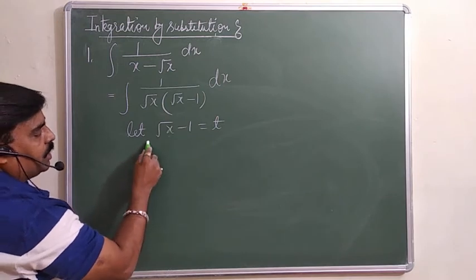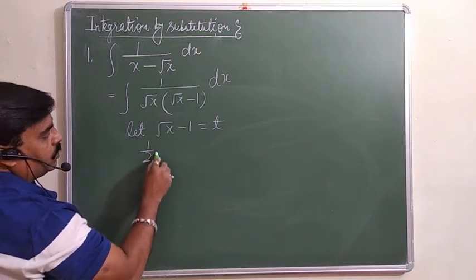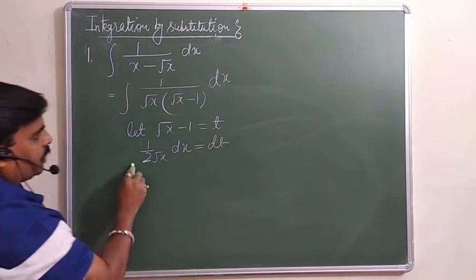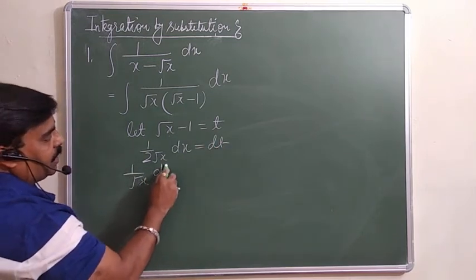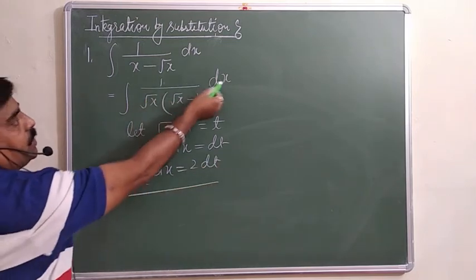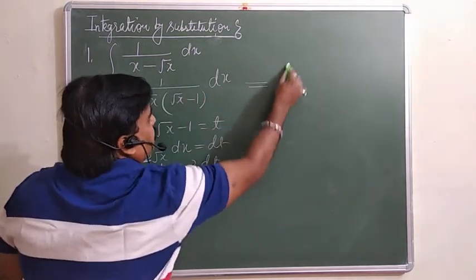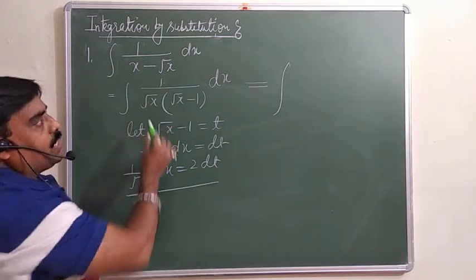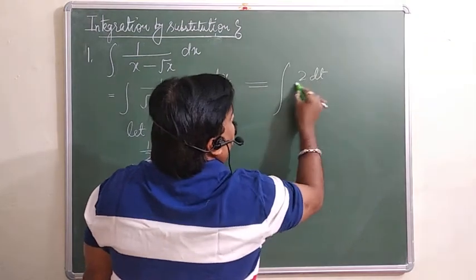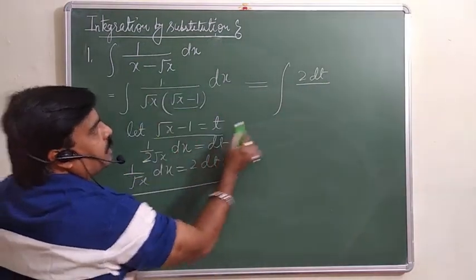So root x means 1 by 2 root x dx, 1 minus 0, that is equal to dt. So you will get 1 over root x dx is equal to 2 dt. And 1 over root x dx is already there, so in place of this 1 over root x dx, you can write 2 dt over t, which you already assumed.